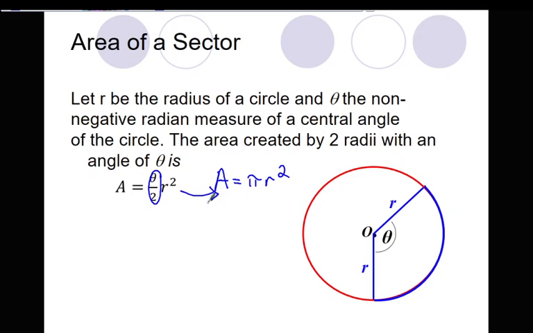Okay? Now, I am going to give you a different equation to make this easier. It's technically not a different one, but it's just one of those things that'll make your life a whole lot easier. I always write my area of a sector equation this way. 1/2 theta r squared. I split the theta and the dividing by 2 into separate because dividing by 2 is the same thing as multiplying by 1/2.